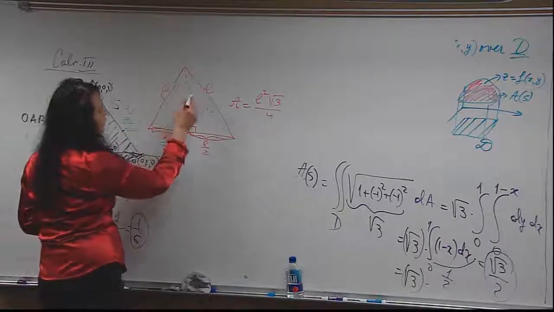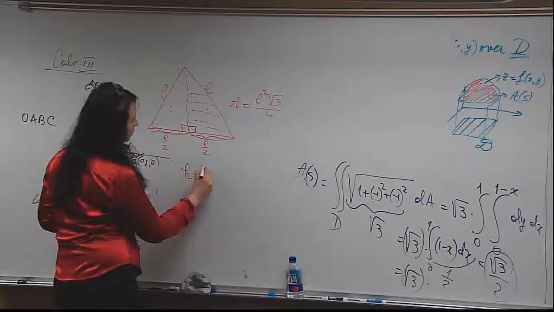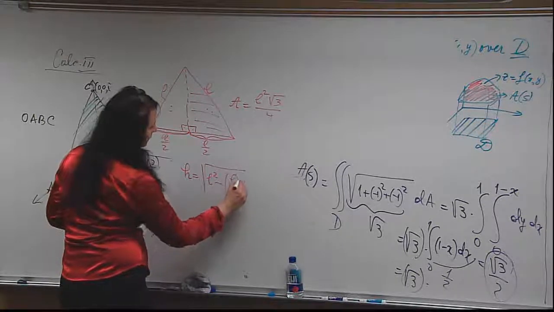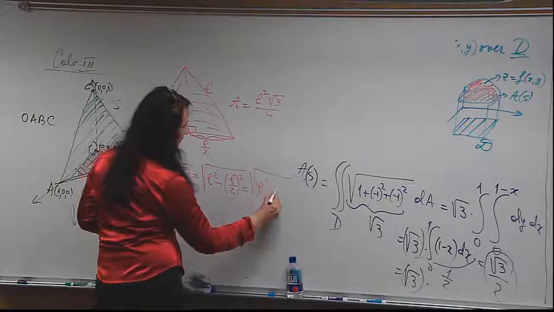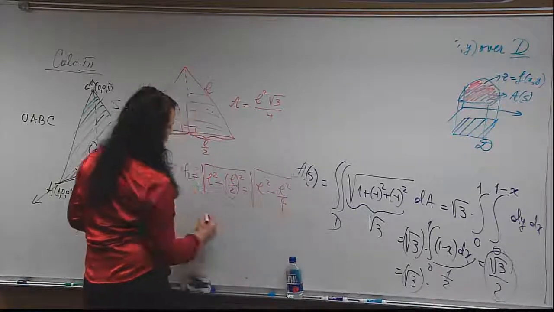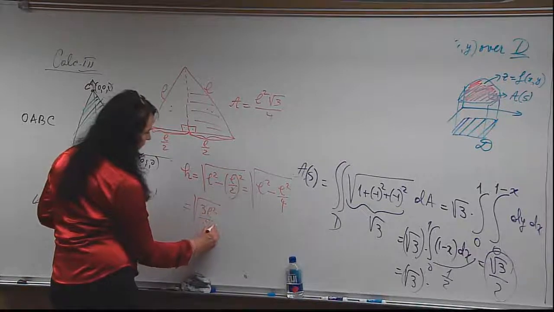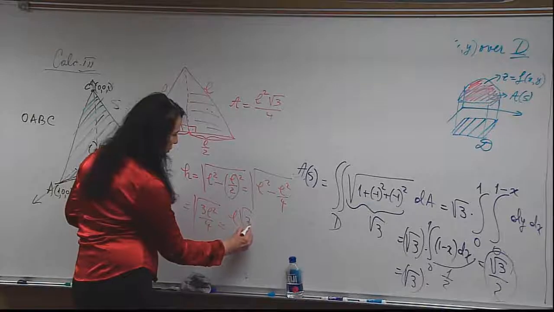And then, using the Pythagorean theorem, you're going to get the height. So the height will be square root of L squared minus L over 2 squared, which is square root of L squared minus L squared over 4, which is square root of 3L squared over 4, which simplified will be L root 3 over 2.